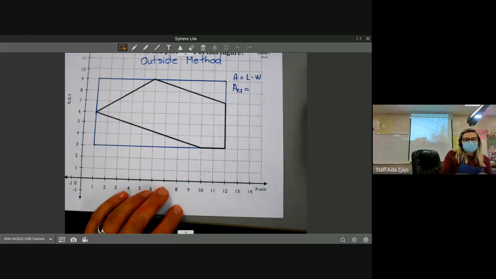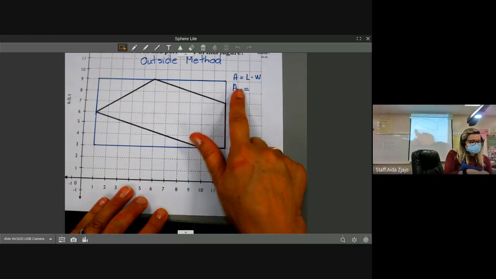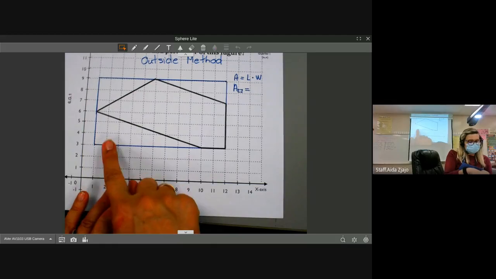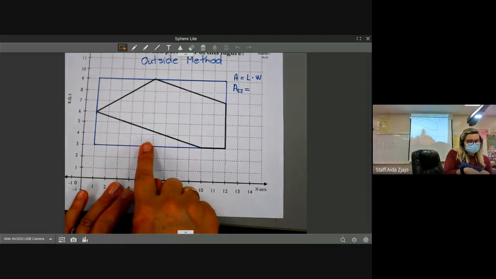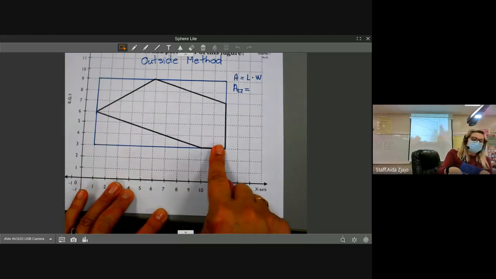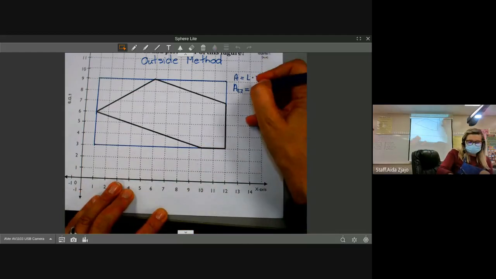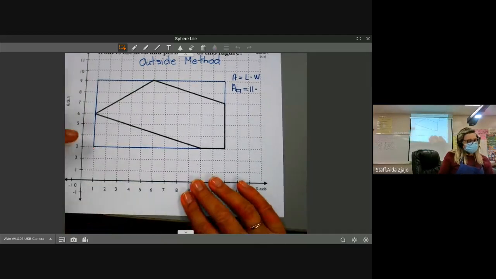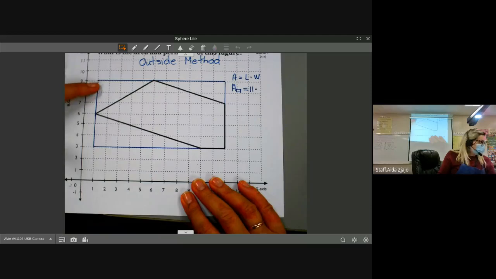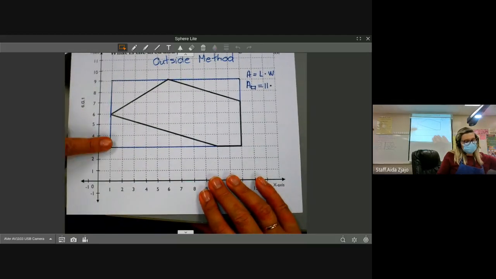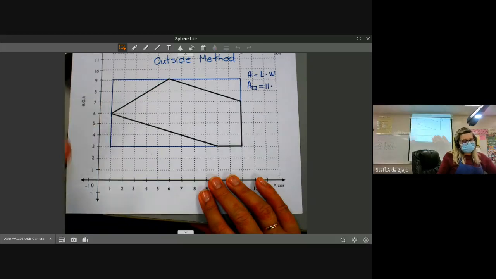Okay, can you tell me what length is here, Ricardo? Count with me. Aha, 11 units. And times what is the width? How many? Oh, so 1, Lanisha? 6.